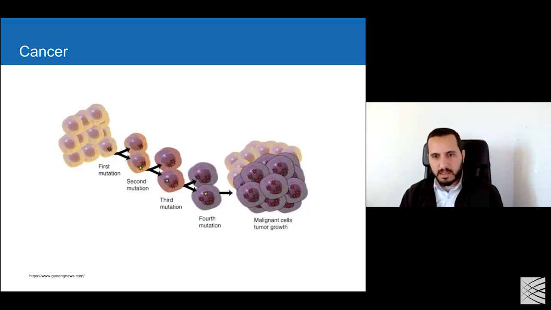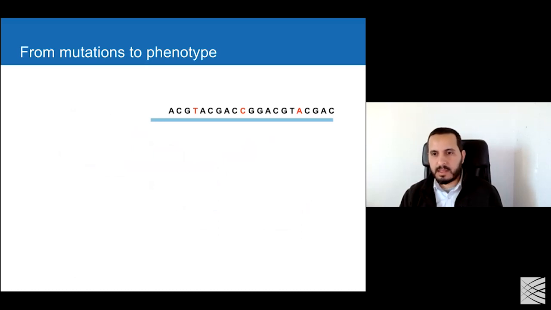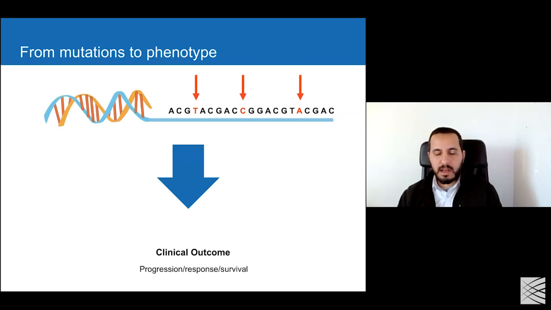I'm interested in studying the landscape of mutations in patients. While Felix illustrated in the first talk different methods to discover driver mutations in the genomes, I'm more interested in taking all of these mutations and trying to find how they are associated with clinical outcomes, like whether their cancer is progressing over time, whether they are responding to treatment, or even predicting their survival.